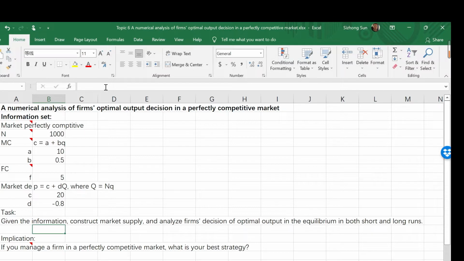In the end, you want to appreciate the implication here. If you are managing a firm in a perfectly competitive market, what is your best strategy? The best strategy for you is to be cost efficient. If you are more cost efficient than other firms, you can make positive economic profit.